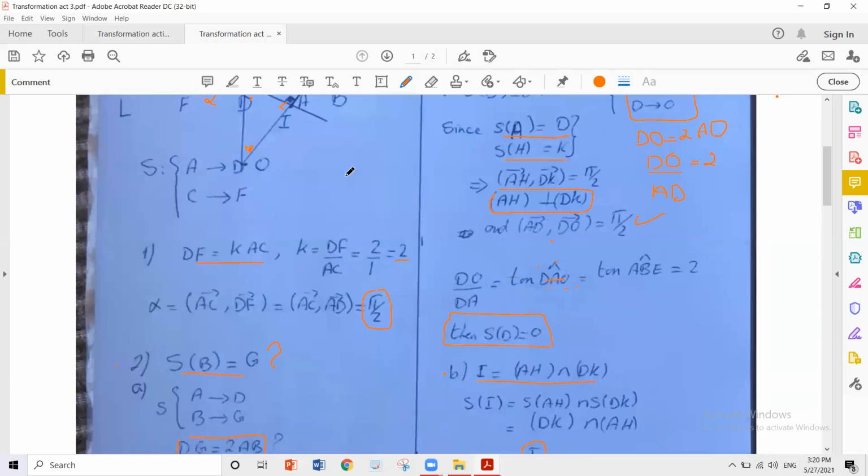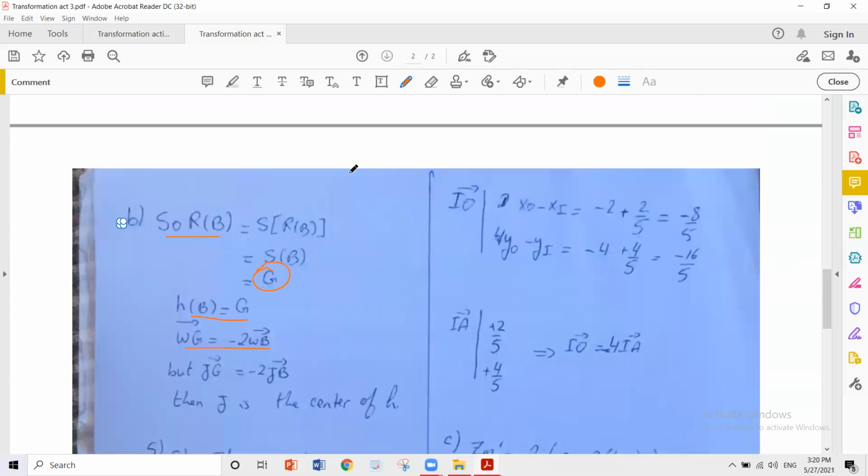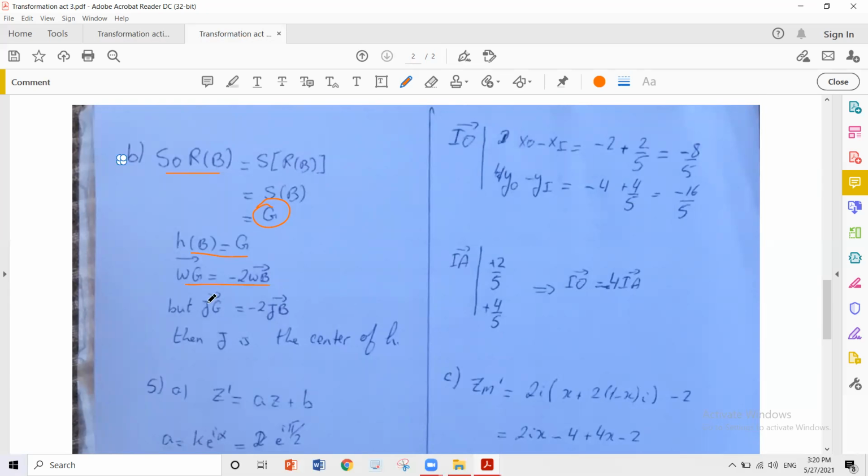Then J is the center. Yes, minus 2, because the ratio is minus 2.